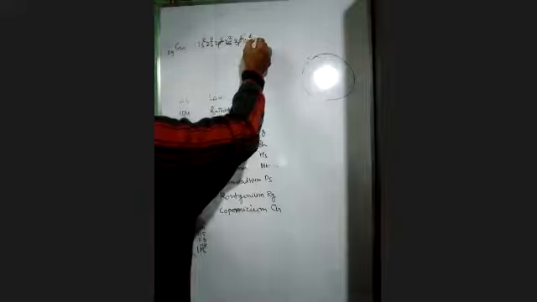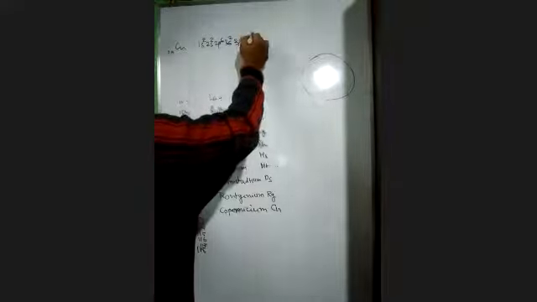So 1s2, 2s2, 2p6, 3s2, 3p6, then 4s2 and 4s1 and 3d10.